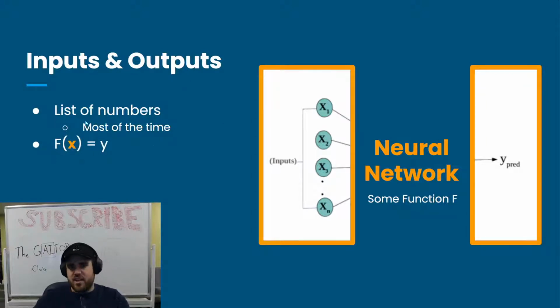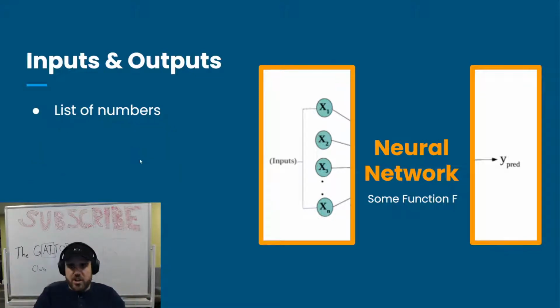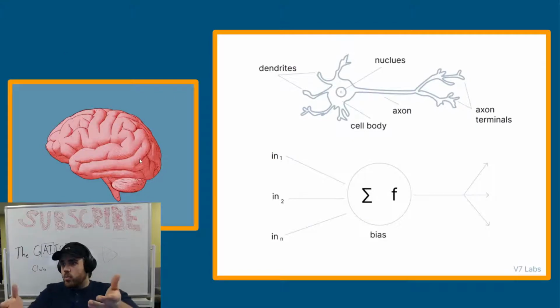And if you were to define a function f of x that outputs some output y, the inputs would be the x, right? So all you're doing here is creating an input, and then the function that creates the output is just the neural network, which is pretty cool. Basically, we're just trying to find the right function that creates the correct output for the right input, which is very similar to what a brain does.